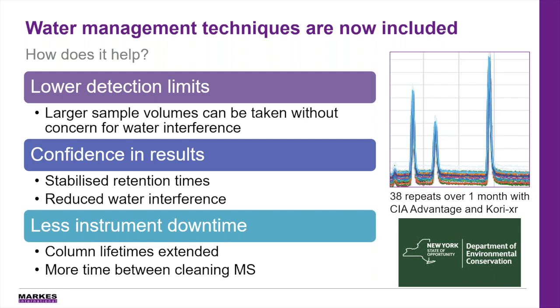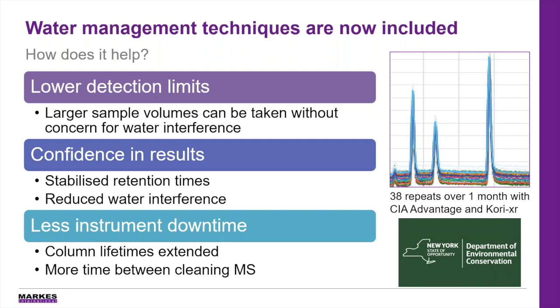It also massively increases our confidence in results. So on the side of the page here, you can see a chromatogram, 38 overlaid chromatograms, which were taken over the period of a month by the New York State Department of Environmental Conservation, using a CA Advantage and a Cori.